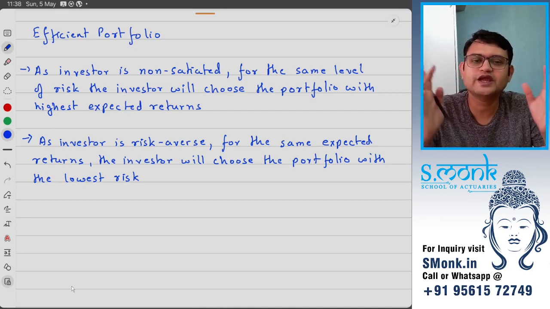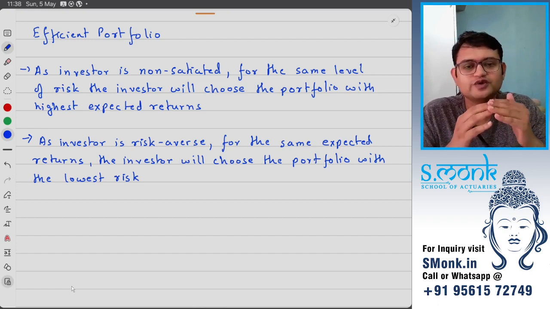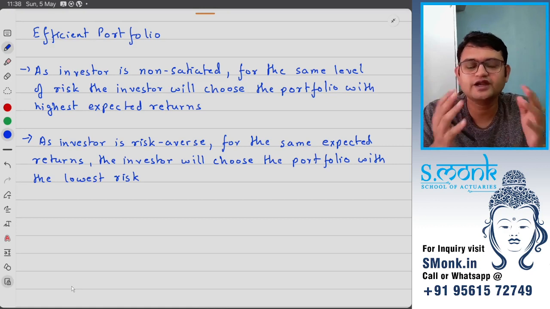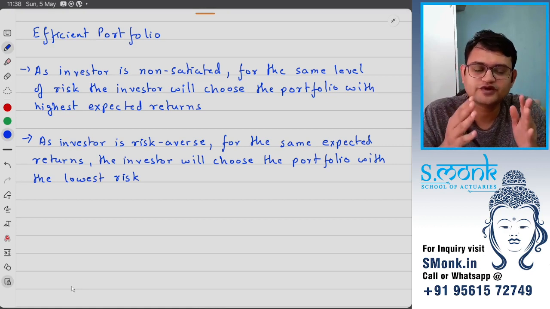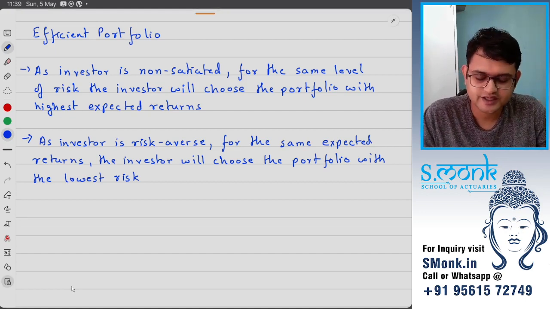So you will create your portfolio in such a way that if you have chosen the level of risk, you will get the highest returns, and if you have chosen the level of return, you will choose the lowest risk. That is what an efficient portfolio is.